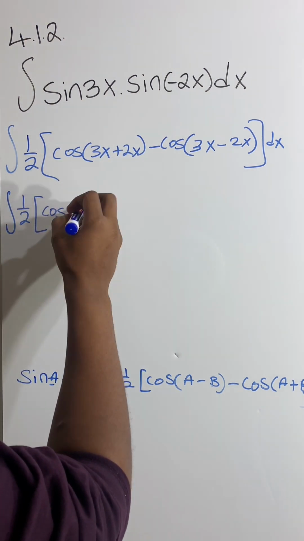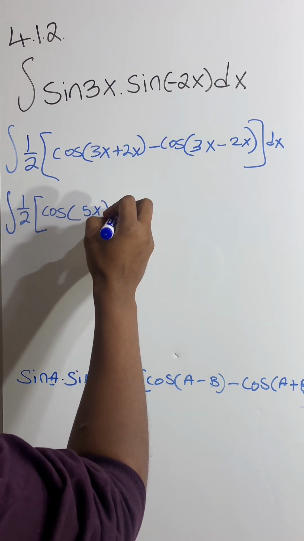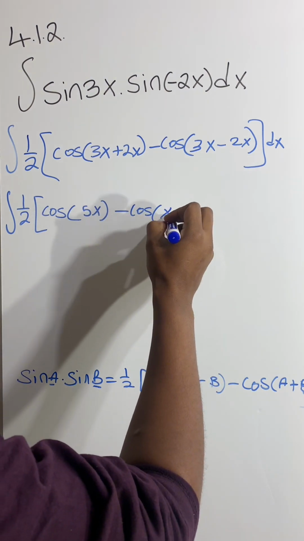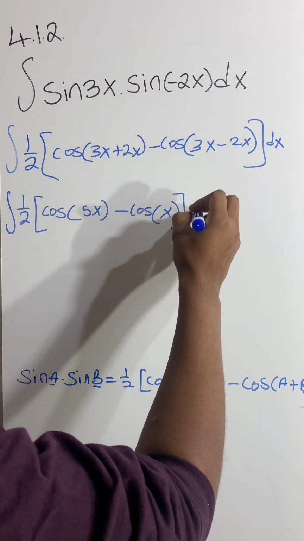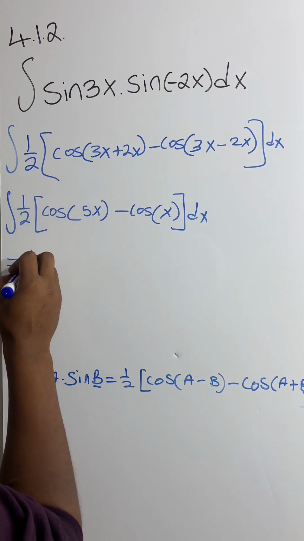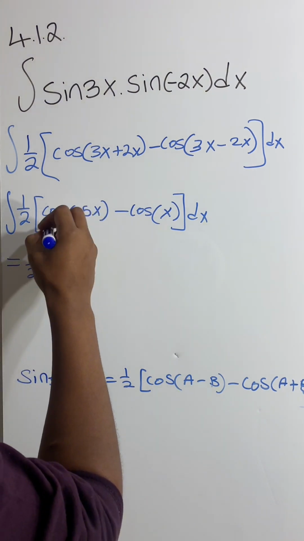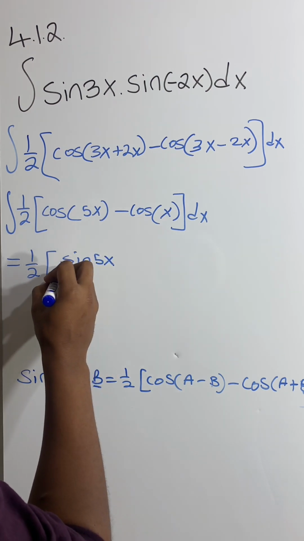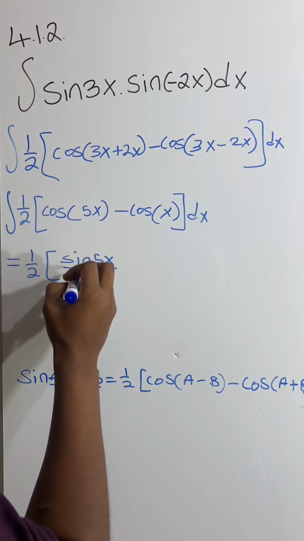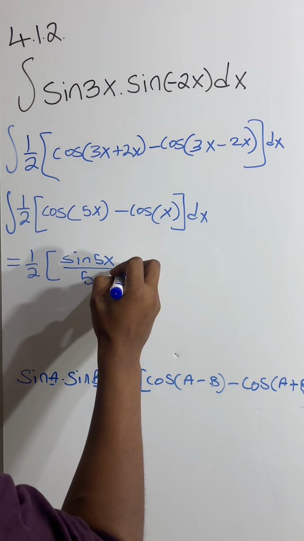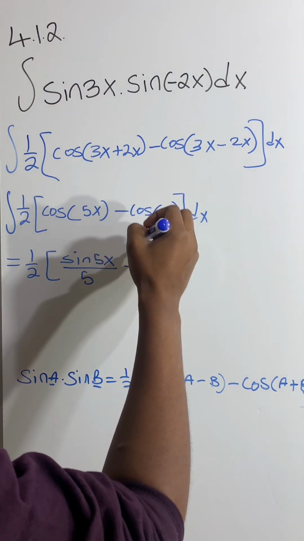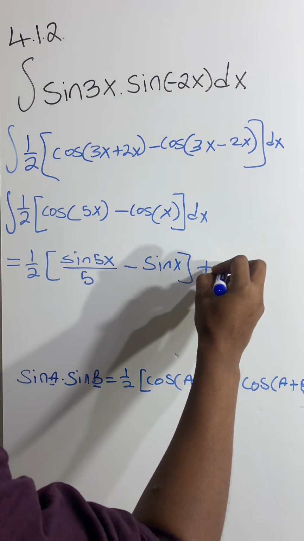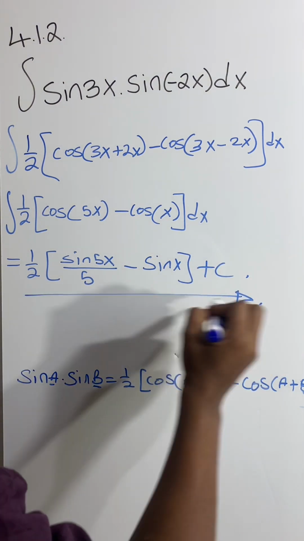Cos of 3x plus 2x is equal to 5x minus cos of 3x minus 2x is cos x dx. So when we integrate the cos 5x, we get sin 5x, and because of the chain rule, we have to divide by that 5, minus integrating cos x, we get sin x plus c, and we have that as our final answer.